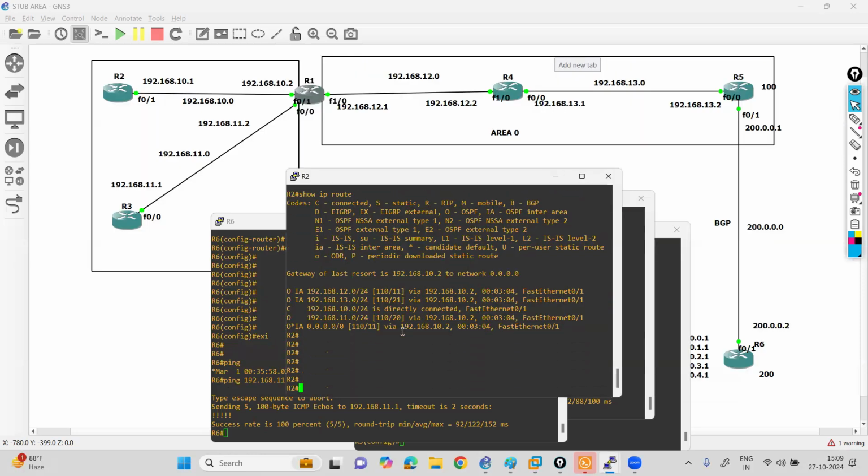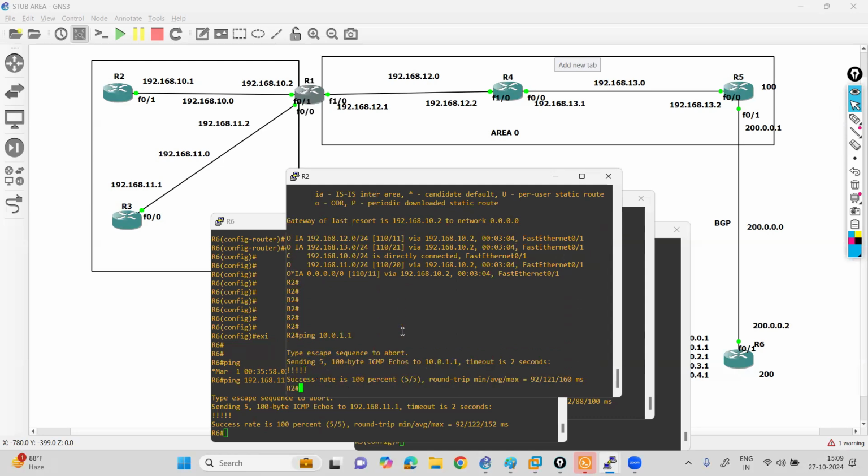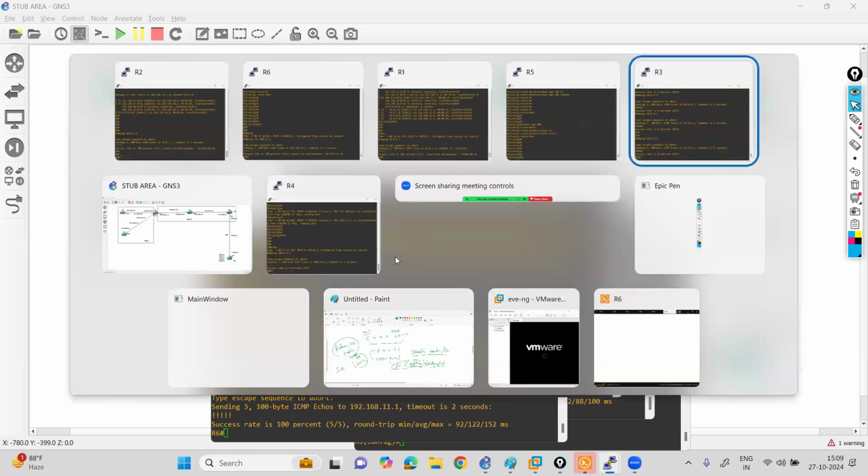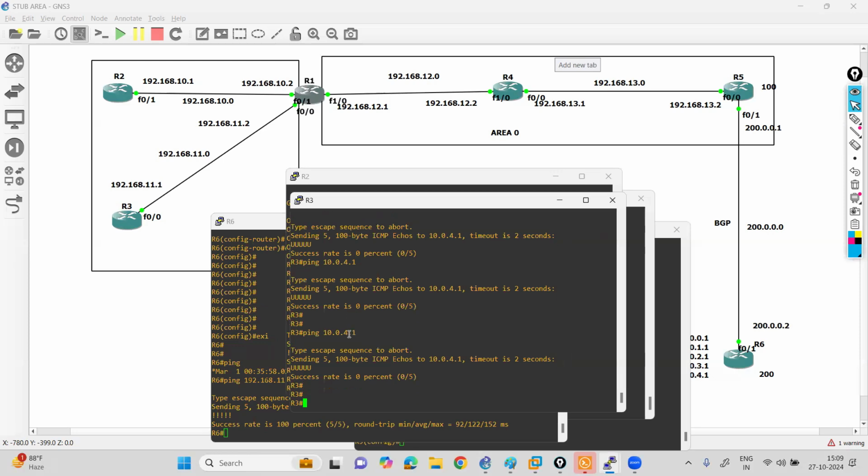Try to ping this. Ping 10.0.1.1. Yeah, that is pinging, dear. There may be some issue with this configuration. So all the routes can ping. Let's check on router number 3. What's happening over here?